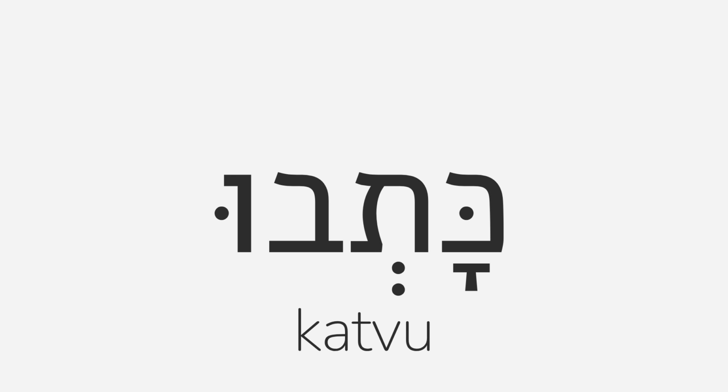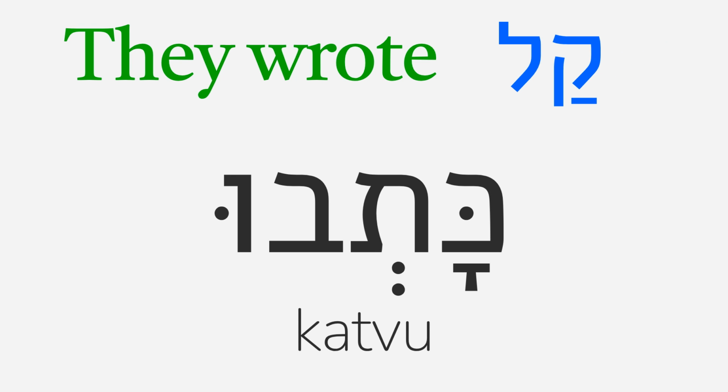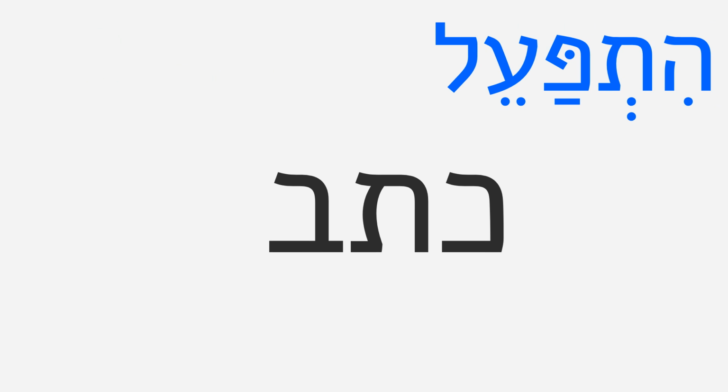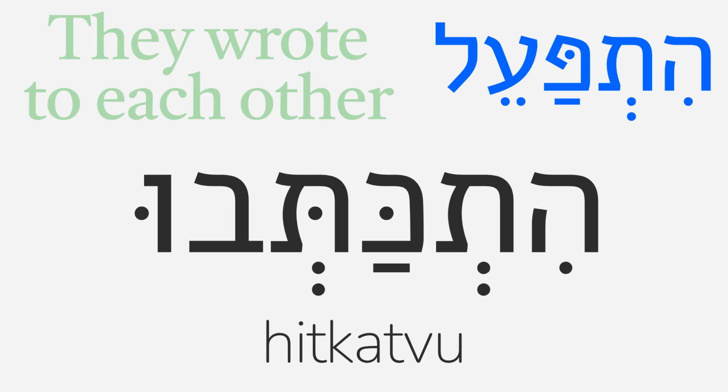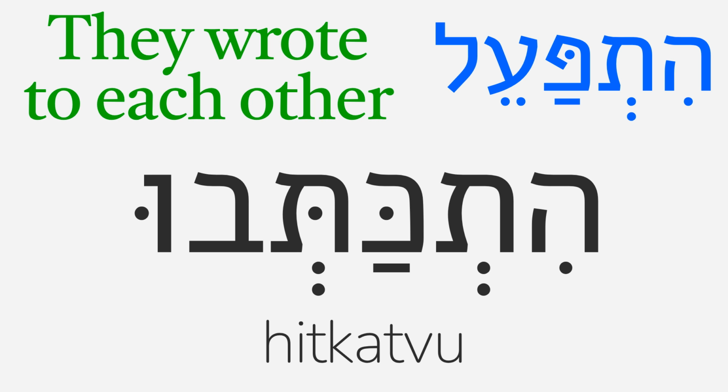For example, the verb katvu in the kal binyan means they wrote, just the basic action. With the hitpa'el binyan, this root kaf tav beit makes hitkatvu, which means they wrote to each other, with the action done to the people doing the action, that is, reflexive or reciprocal.